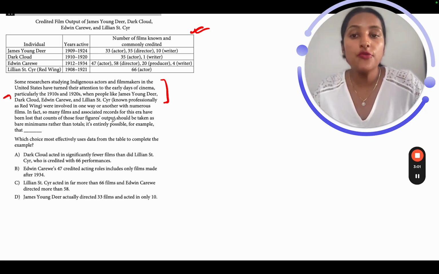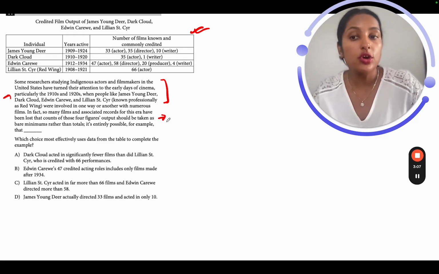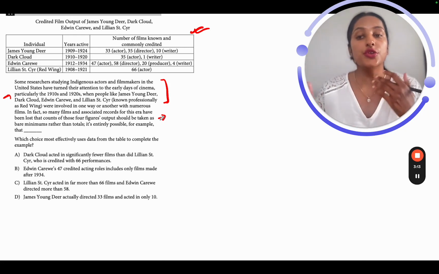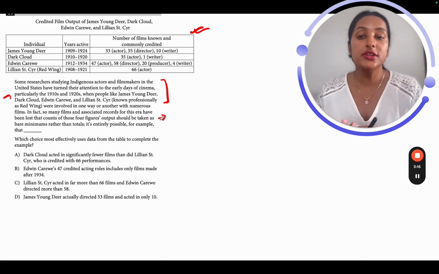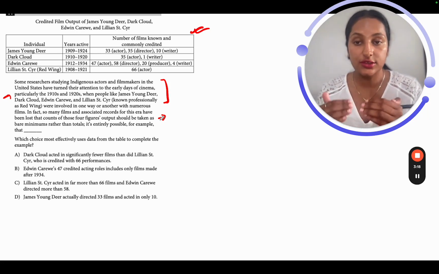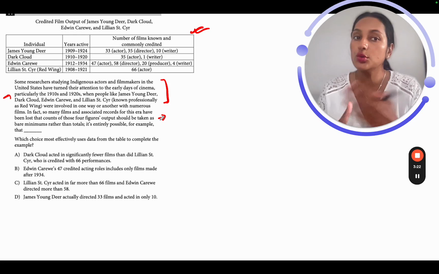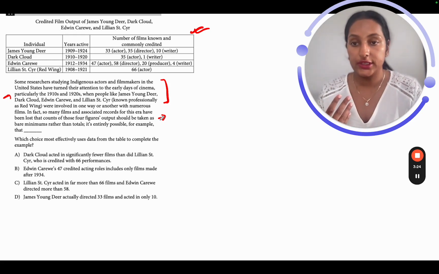Counts of those four figures' output should be taken as bare minimums rather than totals. So the figures that they have on the records should be taken as their bare minimums rather than the total films that they have been associated with. The record is going to show the numbers as the bare minimum of the films they were associated with, rather than the total number.